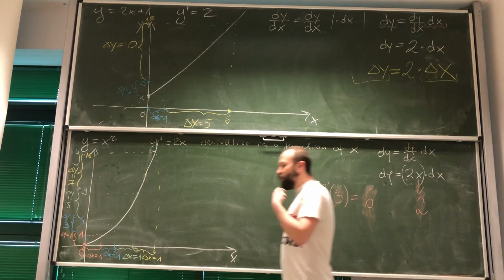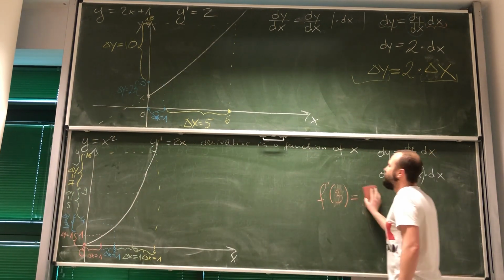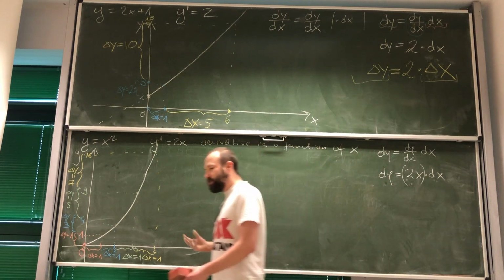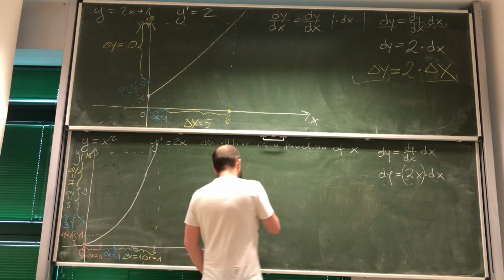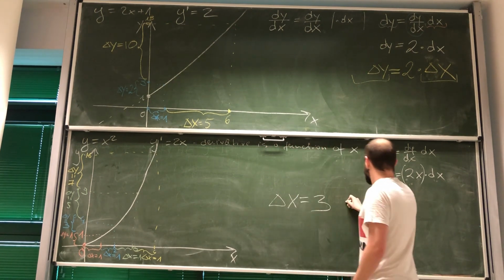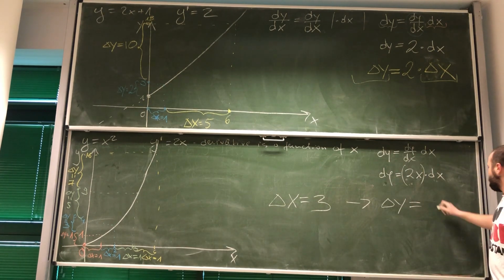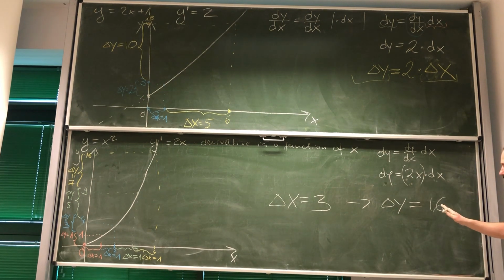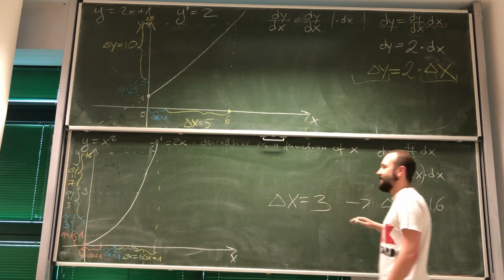So look, what we cannot do in this case, and in case of any non-linear function, is to use the same trick that we did over here. I cannot tell you that if delta x is 3, then delta y is, let's just say, 16, unless I know what was x at the beginning, what was x at the end.